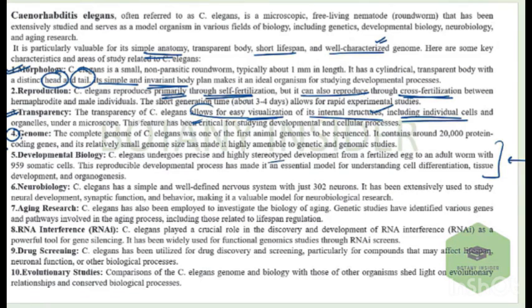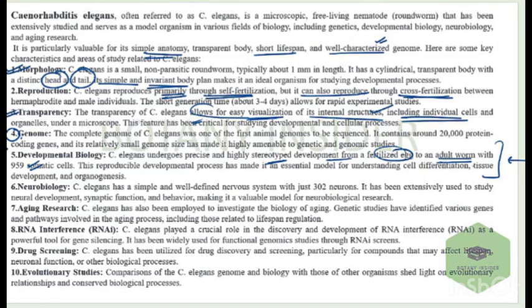It has a highly stereotyped development from a fertilized egg to an adult worm. In C. elegans, there is one very different and unique feature: it has a very specific number of cells, a specific number of neurons and everything. Like when we discuss the vulva development, there are only 6 cells which are going to participate in it.